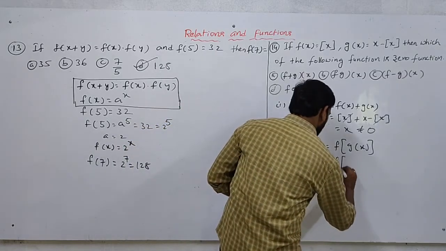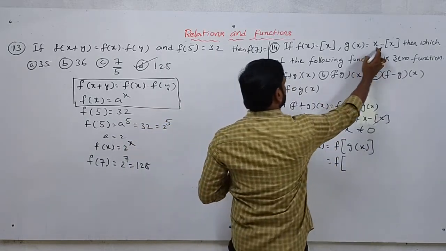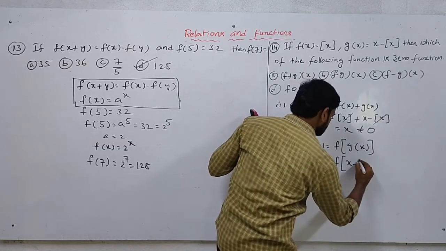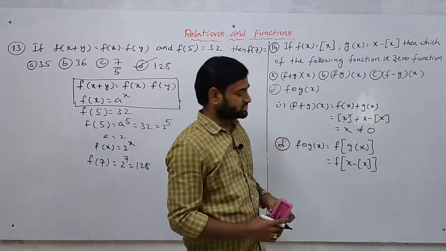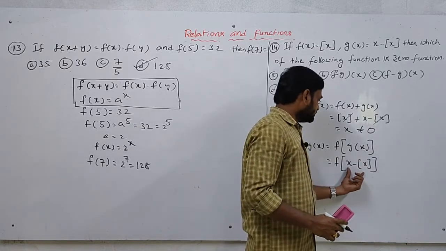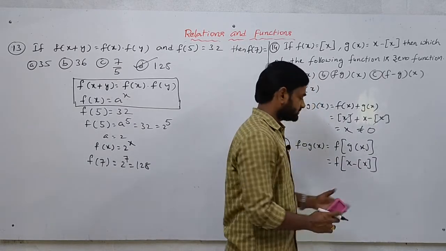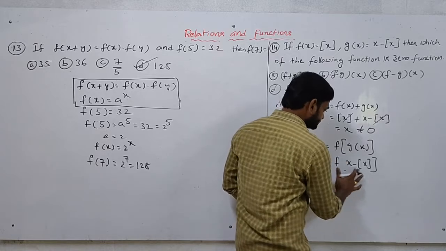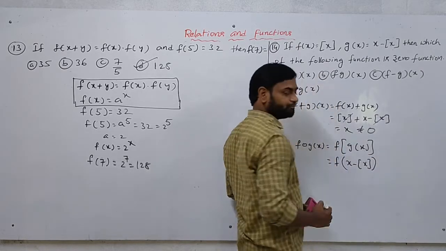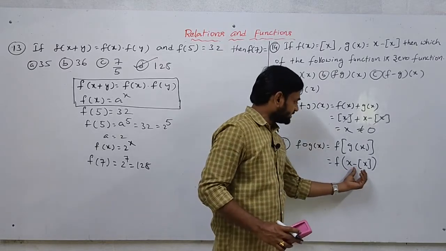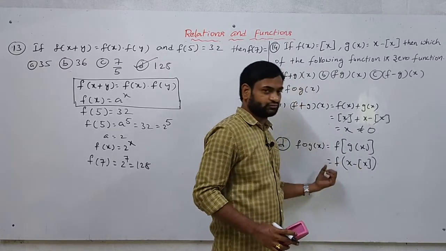That is f of, what is the g of x? x minus step x. Now, this x minus step x, don't get confused here, we have to substitute in f.